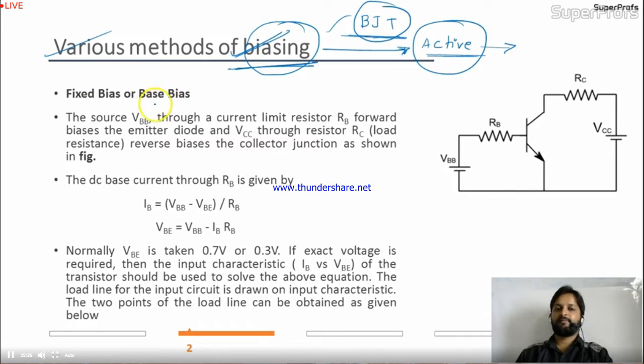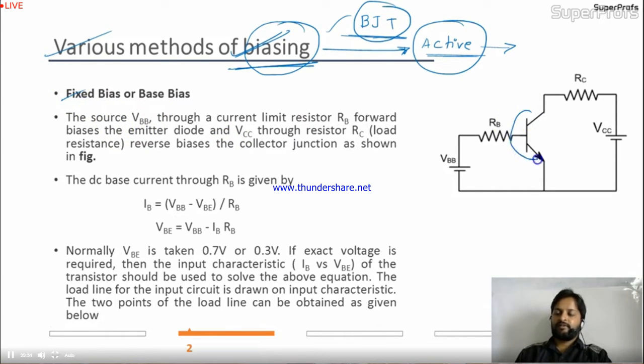This is the fixed bias or base bias. We also have potential divider, collector feedback, and so many other biasing methods. We'll discuss them one by one. We'll discuss this fixed bias in detail. We'll see the DC load line, Q point and all about it. So what is the fixed bias?